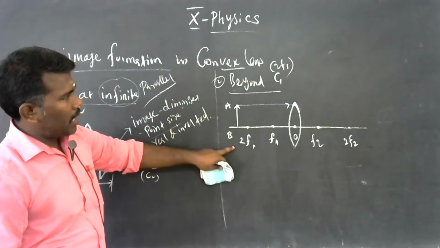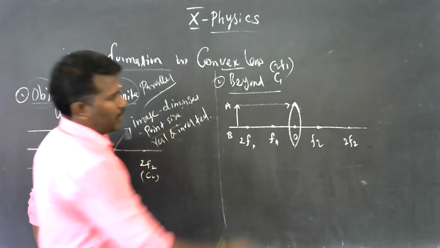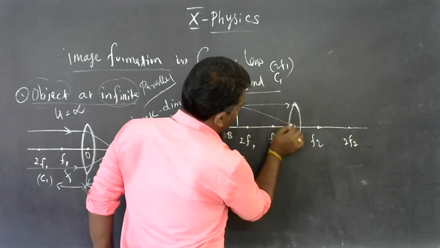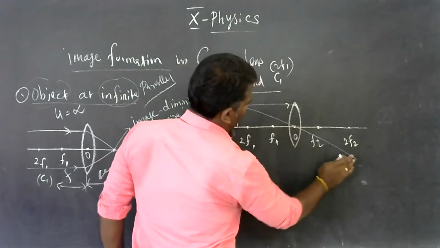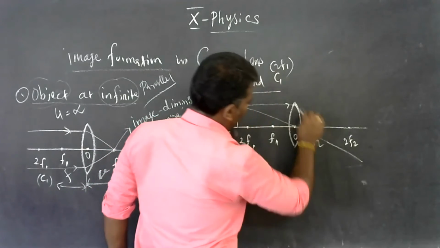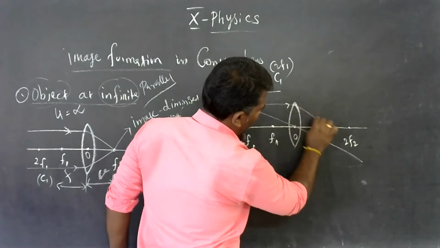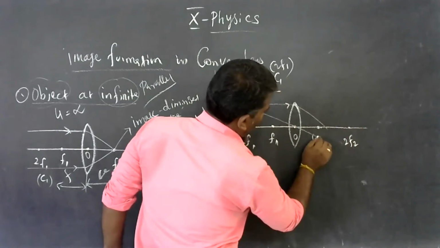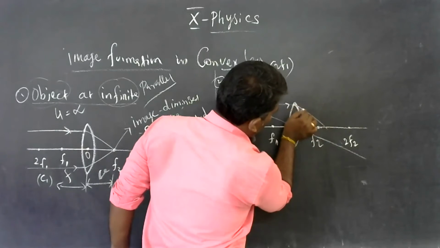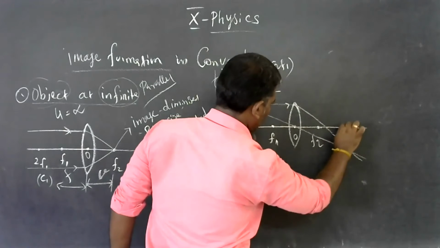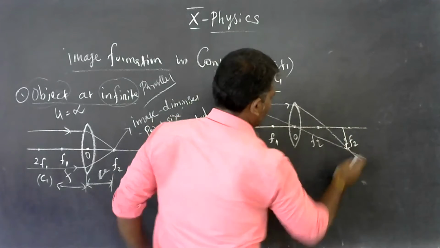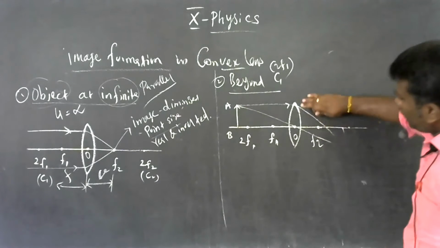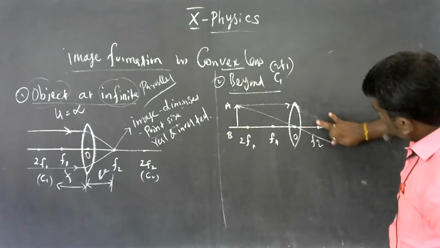If you are locating the object beyond C1, you are getting the image. Here we are going to compare the size of the object and the size of the image.